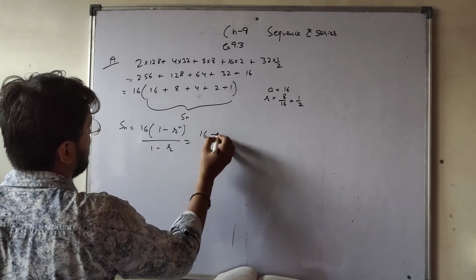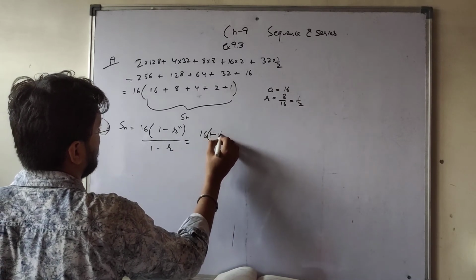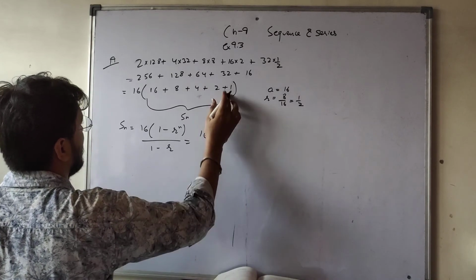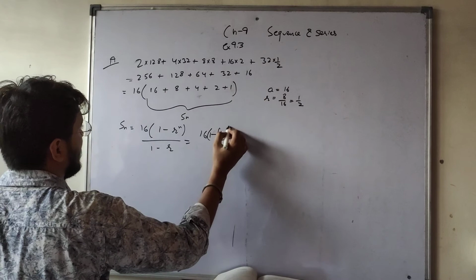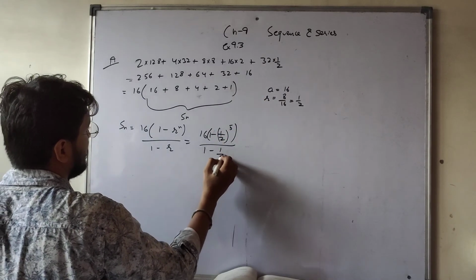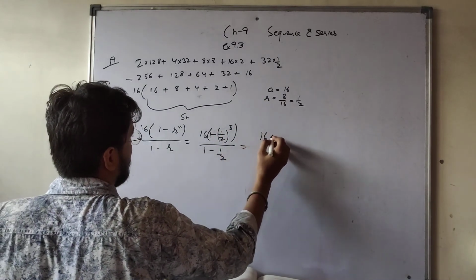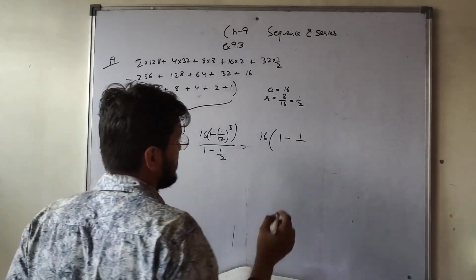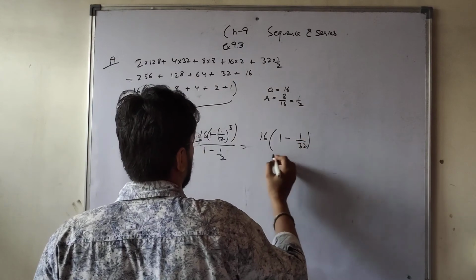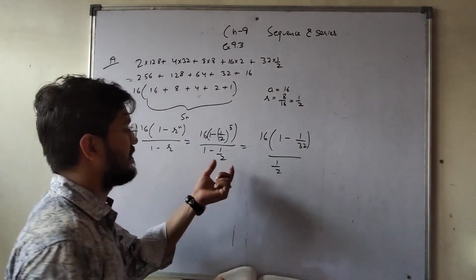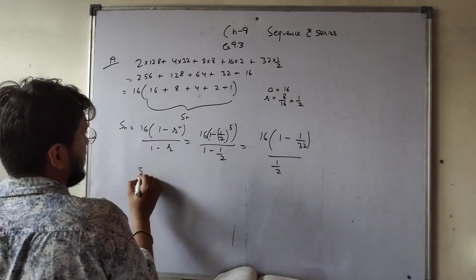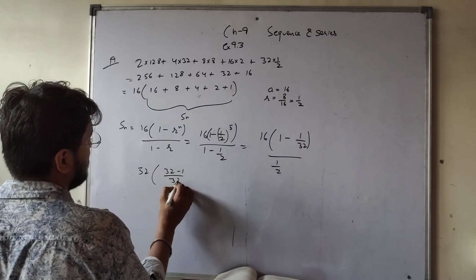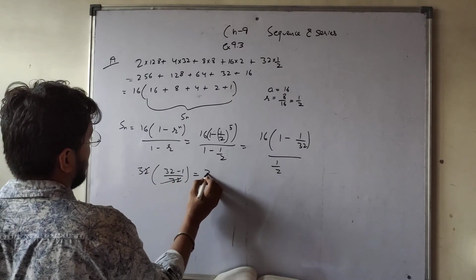So 16, 1 minus r, the value 1 by 2 raised to the power 5 upon 1 minus 1 by 2. So 16, 1 minus 1 upon 2 to 4, 4 to 8, 8 to 16, 16 to 32 upon 1 by 2, taking LCM it will be 1 by 2. This is 32 minus 1 upon 32, which is 31.